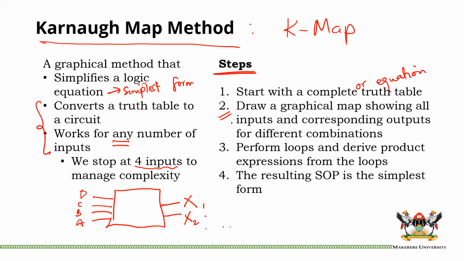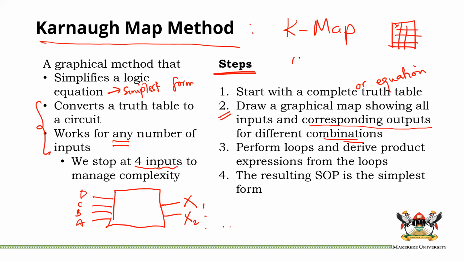Then you draw a graphical map, showing all the inputs and corresponding outputs. It's like a graph with boxes. And for each of these boxes, you have a corresponding output for different combinations.